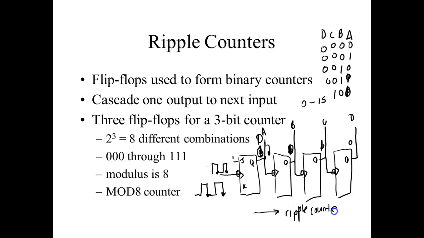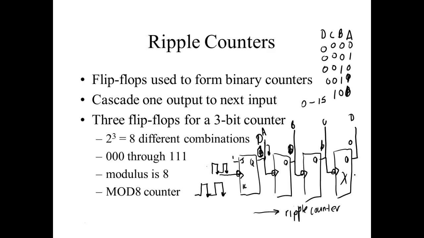Now the propagation delay. What is the propagation delay? It's the time it takes the output to respond to a change in an input. What would set the propagation delay of this counter would be this last one way out here, because the change has to propagate all the way through all those other flip-flops.